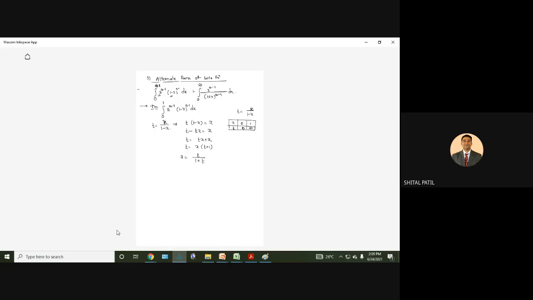Okay, good. Understood? We had t as a function of x. Now we have written x as a function of t. So what is dx now? Division rule: 1 plus t as it is, derivative of the numerator, numerator as it is, derivative of the denominator, over denominator square.